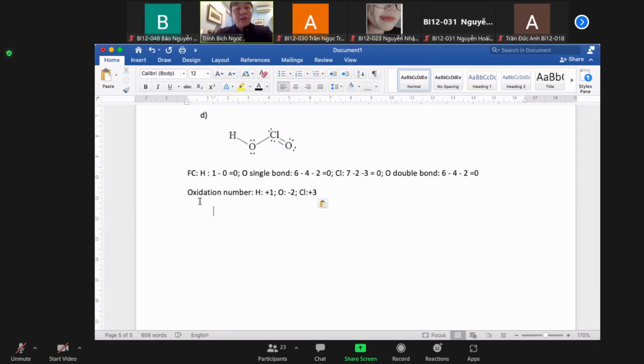This is the formal charge and oxidation number. We pass to question 18 and we finish. I will send the solution on Google Classroom.